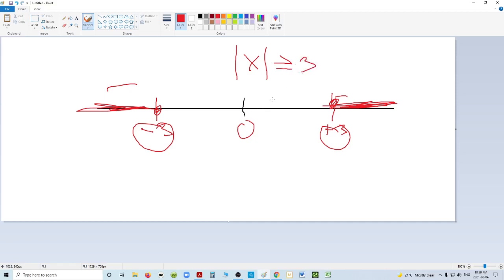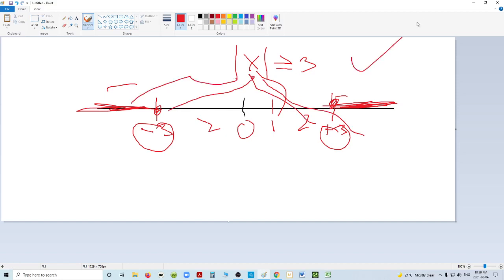Which, if we look at it, if I put 1 in here, it doesn't work. If I put minus 1 in there, it doesn't work. That's because 1 is not bigger and equal to 3. And the same with 2, if I put in 2 or minus 2, it becomes 2 is bigger or equal to 3, which is not true. But as soon as I get to the positive 3, positive 4, or negative 3, or negative 4, this becomes true.